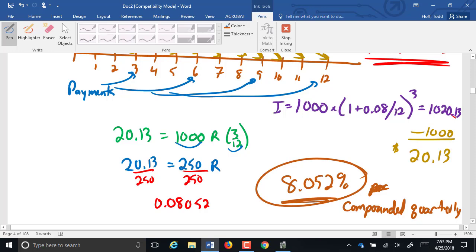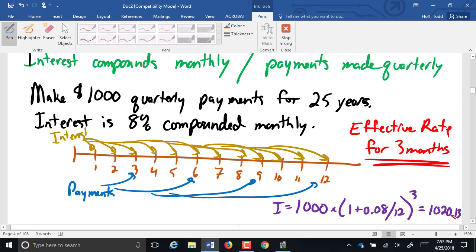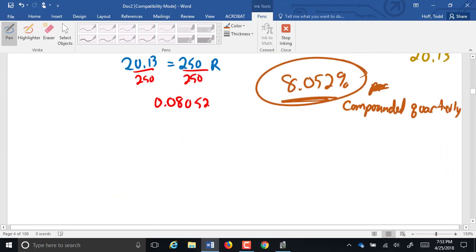So now I'm going to figure this out as though it is quarterly. $1,000 quarterly at 8% for 25 years.